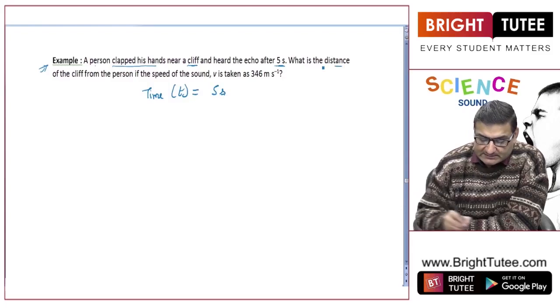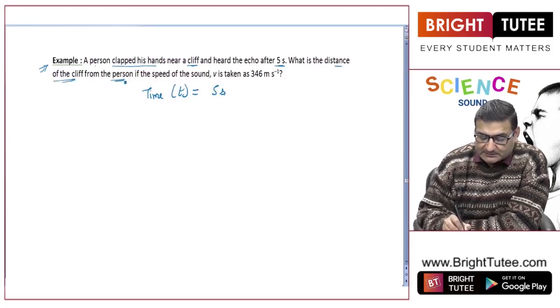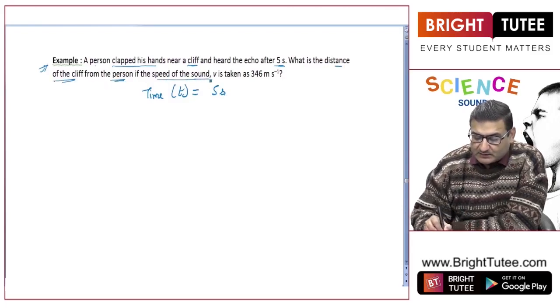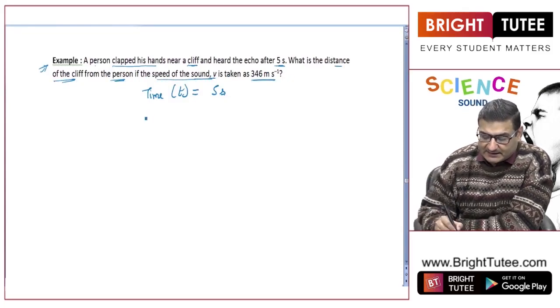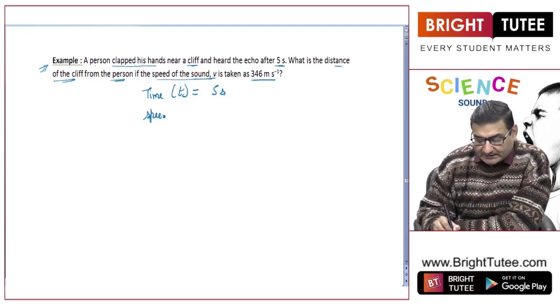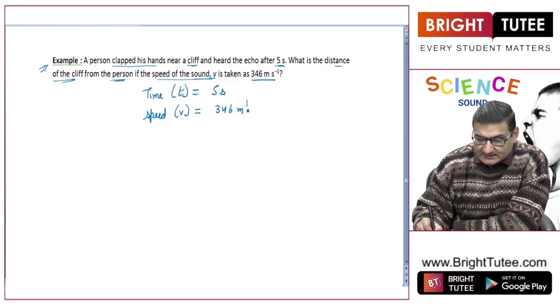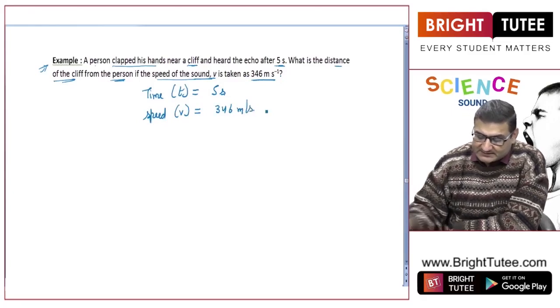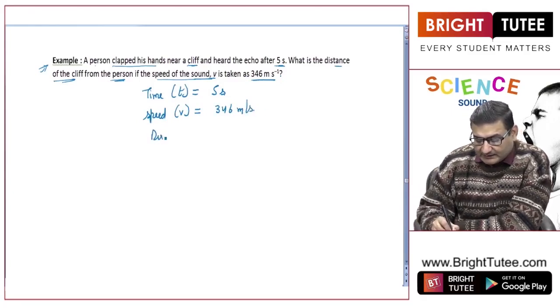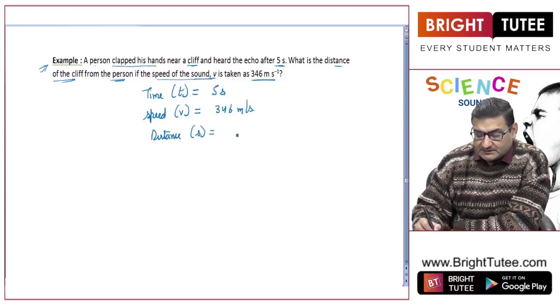What is the distance of the cliff from the person if the speed of the sound v is taken to be 346 meter per second? So, we are taking the speed represented by small v to be 346 meter per second. Simply, we have to calculate the distance of the cliff from the person.